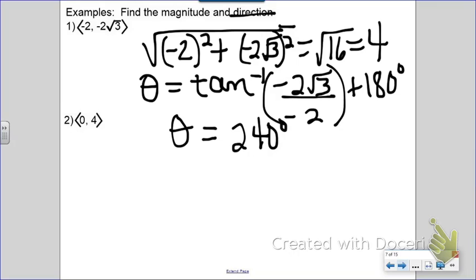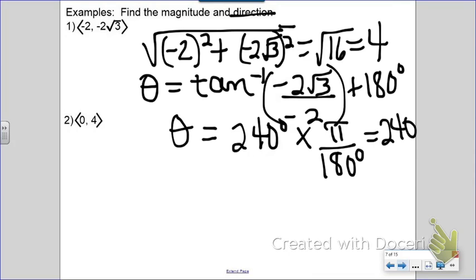If you want to convert it into radians, we take 240 degrees and multiply by pi over 180 to get the exact radians. We did this at the beginning of the year, the practice from trig class of converting.